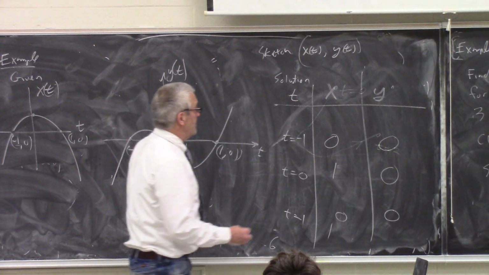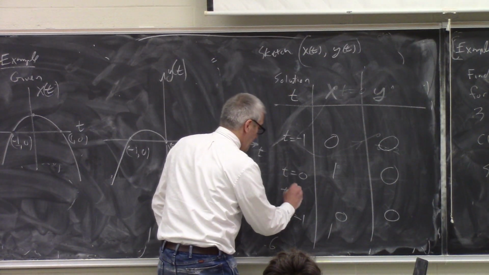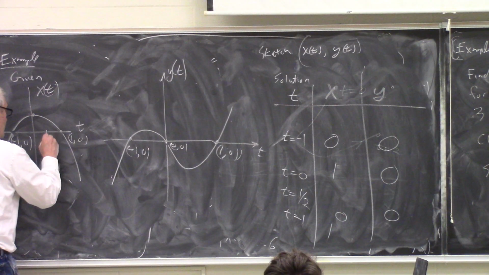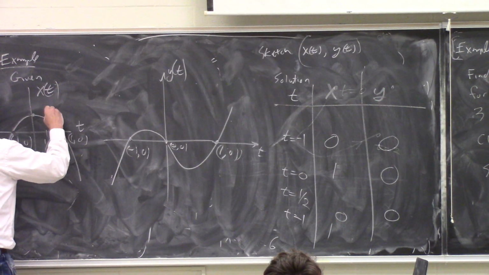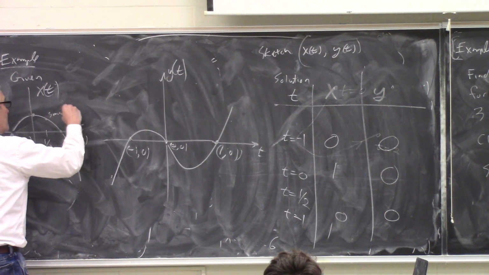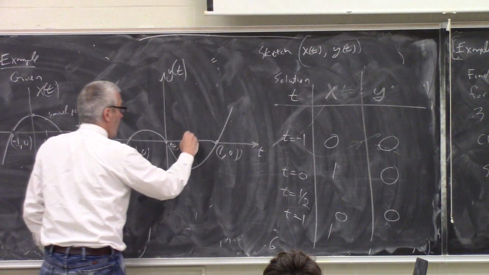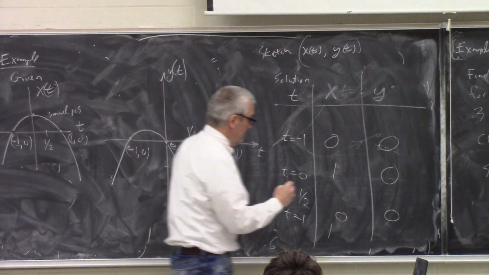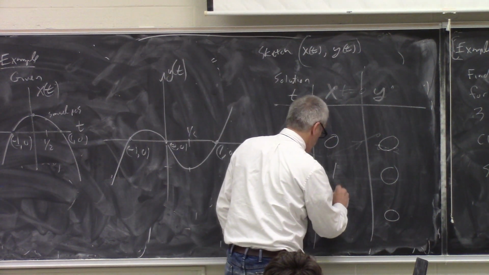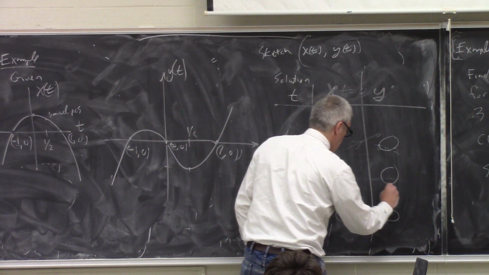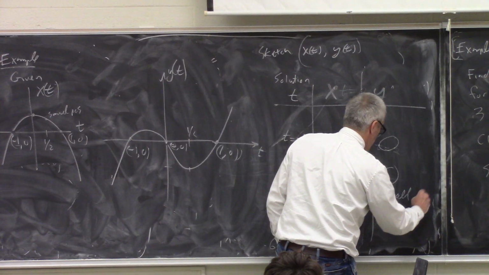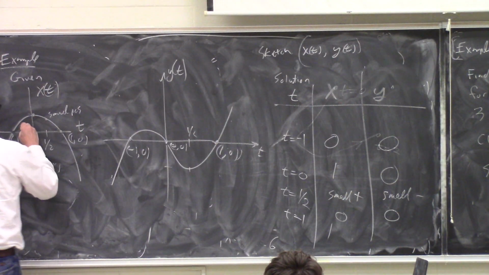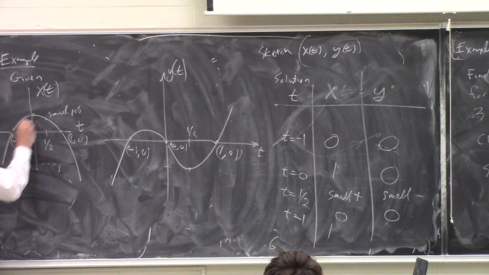Now let's look at some in-between points. Say time is 1/2. Well, when time is 1/2, then x is small and positive, and y is small and negative. Let's look when time is -1/2.